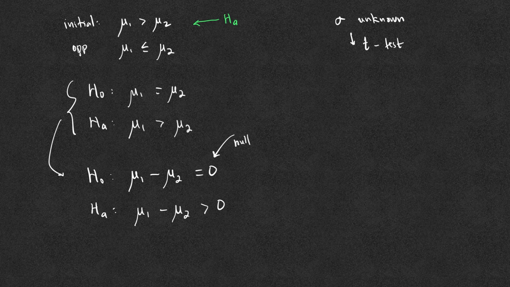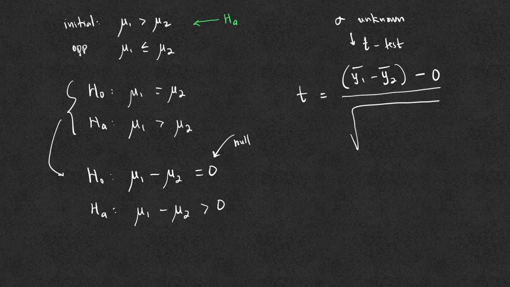The t-test statistic is t equals y1 bar minus y2 bar, the difference in the sample statistics, minus mu naught, which is the null value, so this is minus 0, divided by the square root of s1 squared over n1 plus s2 squared over n2. And we have all of these quantities.